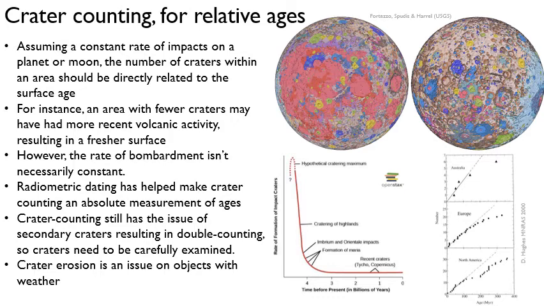Another tricky issue is if you have an object that has some kind of weather on it, then the craters can erode. So, for instance, if you take a look at the number of craters of a given size per a certain amount of area, and you look at that versus time, you can see in recent history, the past 100 million years or so, you have a relatively constant rate, and then it appears to fall off.